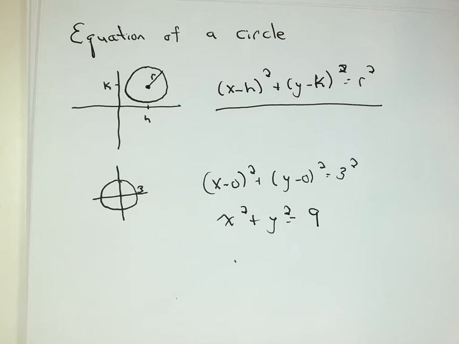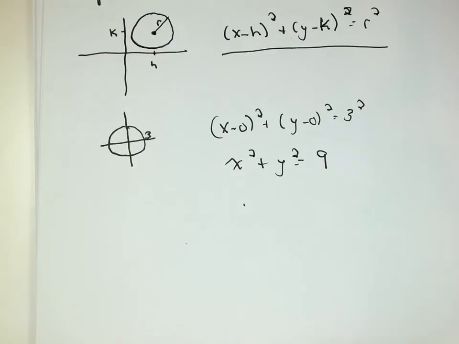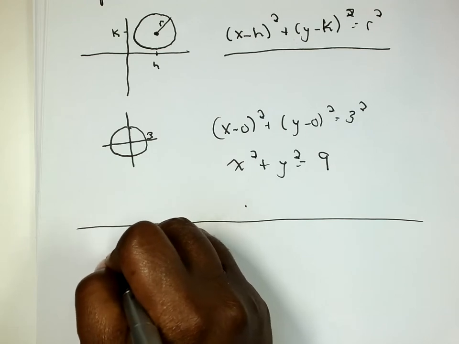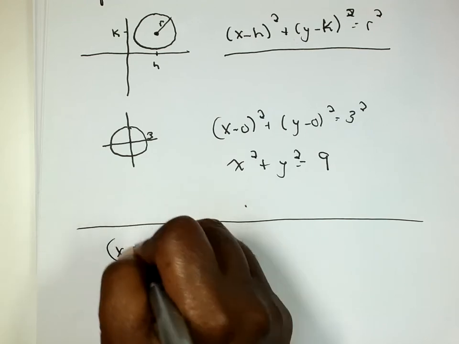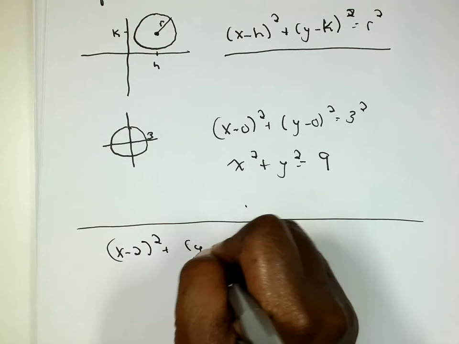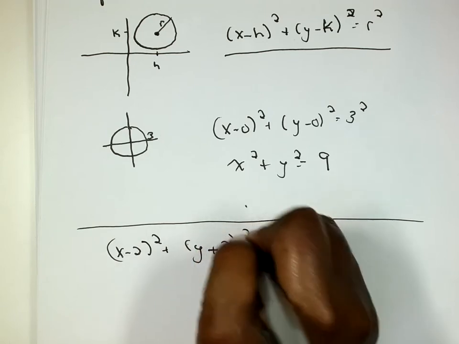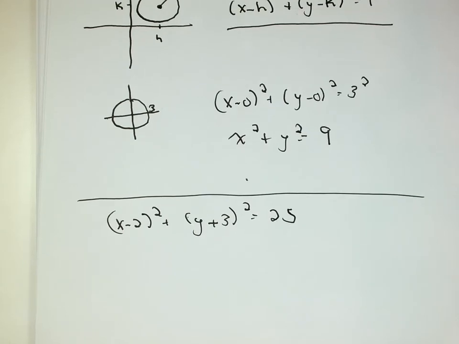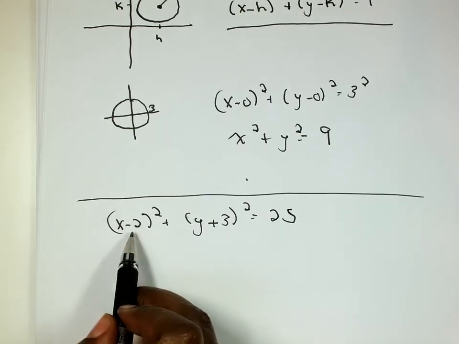So if I want to know the center and radius of a circle, and I'm given the formula, so let's say this is what I'm given. If I want to say what the center and radius are, it's always the opposite sign, right?